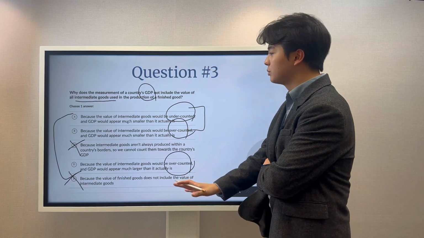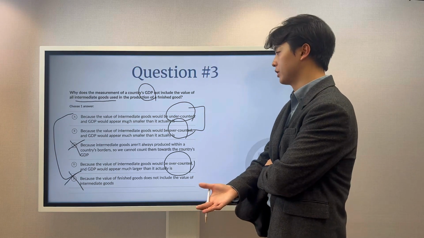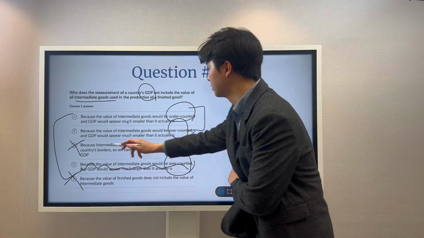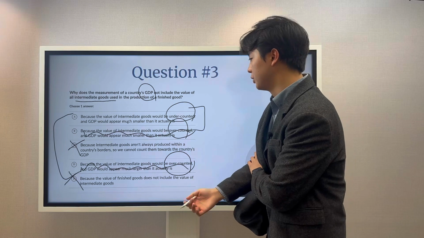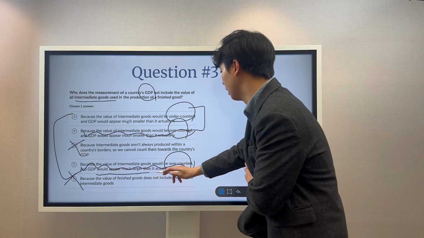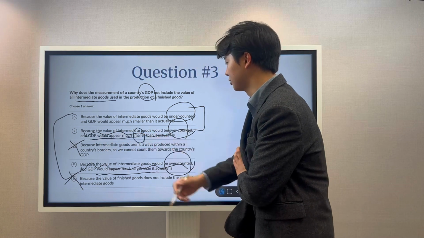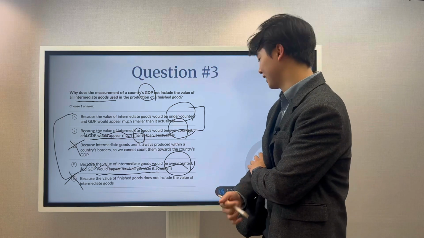The difference between B or D is its understanding of intermediate goods itself. If you look over here, overcounted, it's the same. The only difference would be the GDP would appear much larger than it actually is, or much smaller than it actually is. If it's overcounted, it will appear much larger than it actually is.